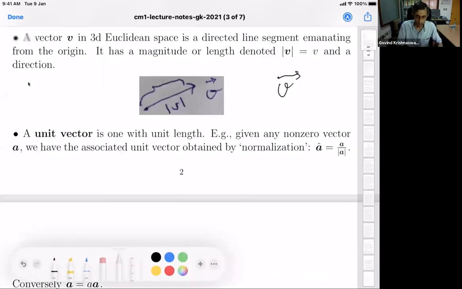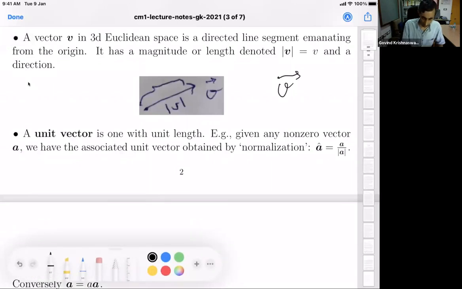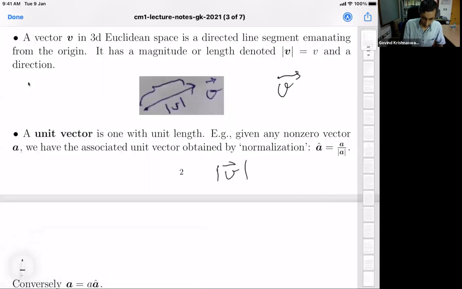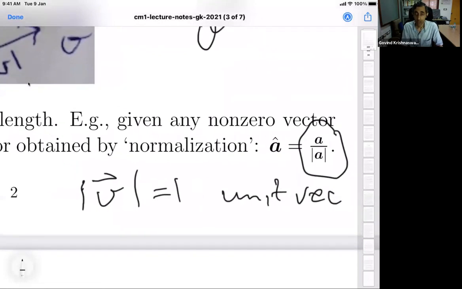Now given any non-zero vector, let's call it A, we have the associated unit vector, which is obtained by normalizing it, namely dividing it by its length. If you divide a vector by its length, you will get a vector of unit length, and we call that by the name A hat or A cap. So that is what is over here.